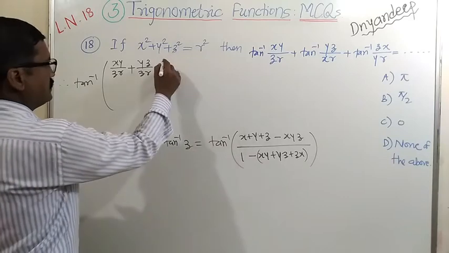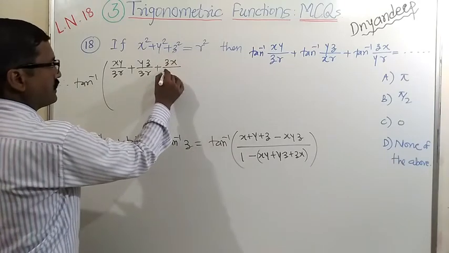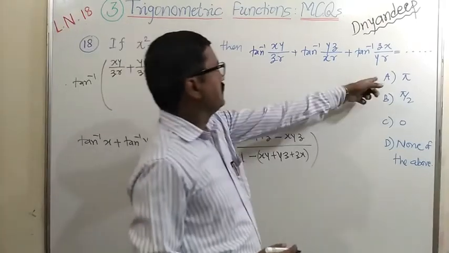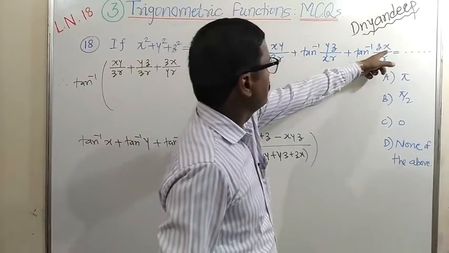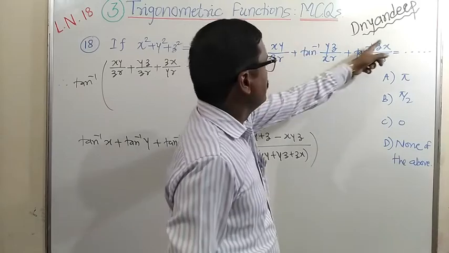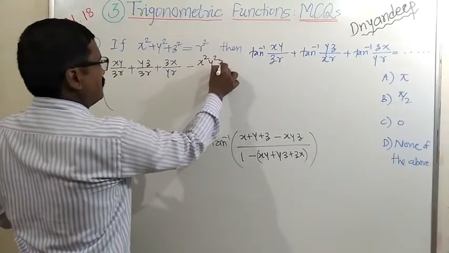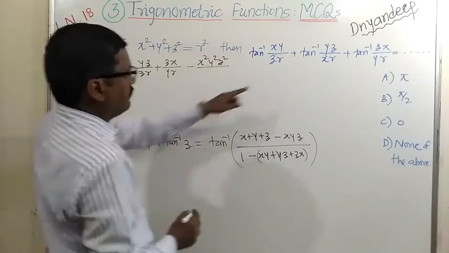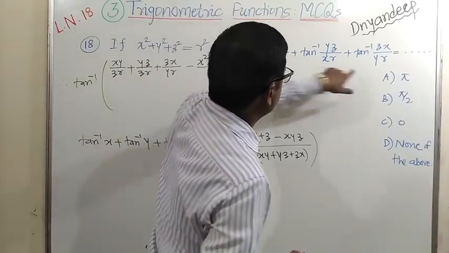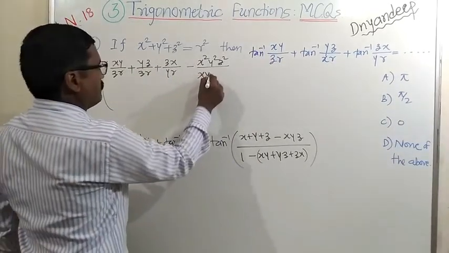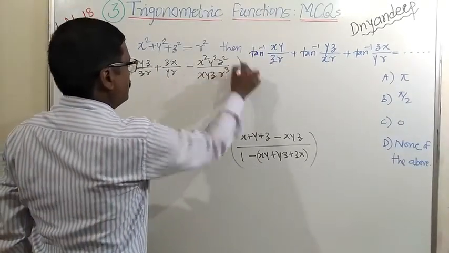What is z? z is zx upon yr. The product of these three is x square, y square, z square, that is x square y square z square, whole divided by xyz into r cube, that is xyz into r cube.